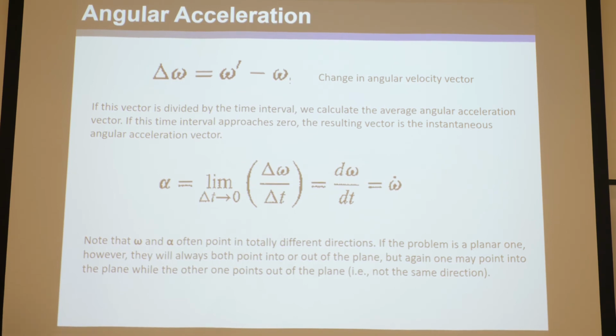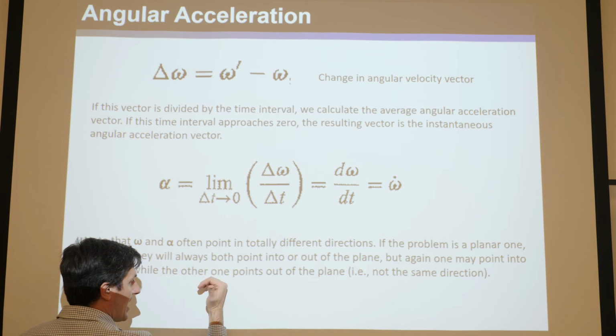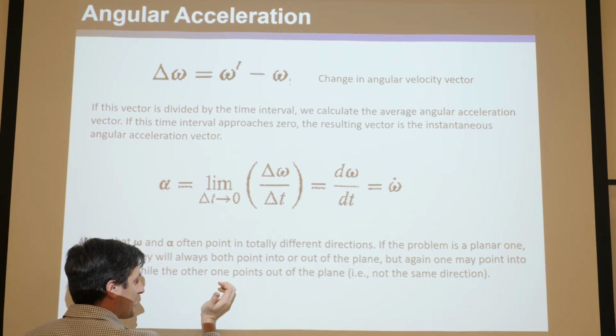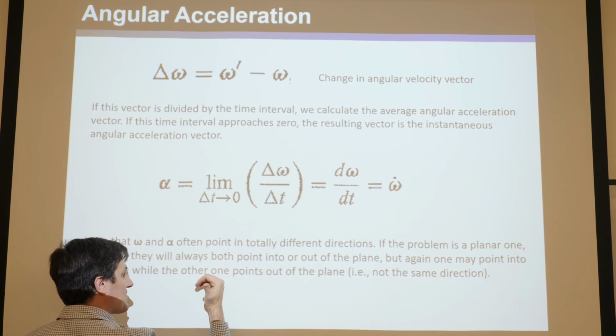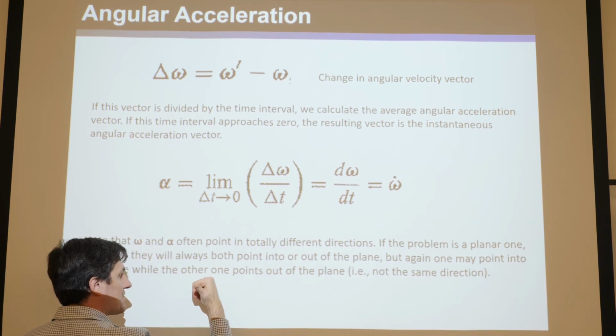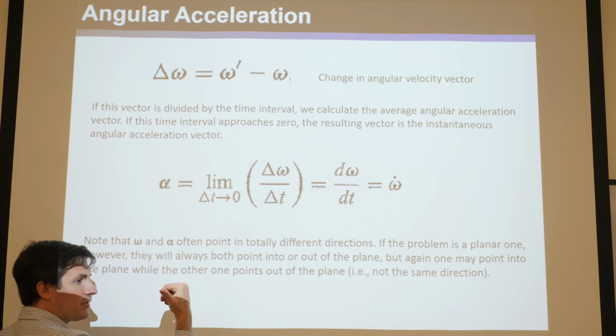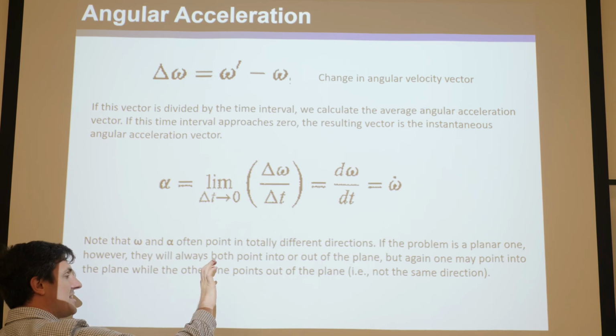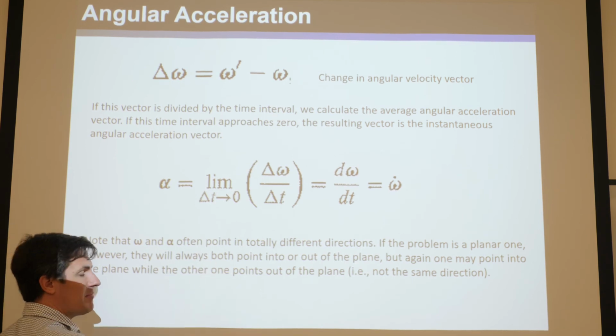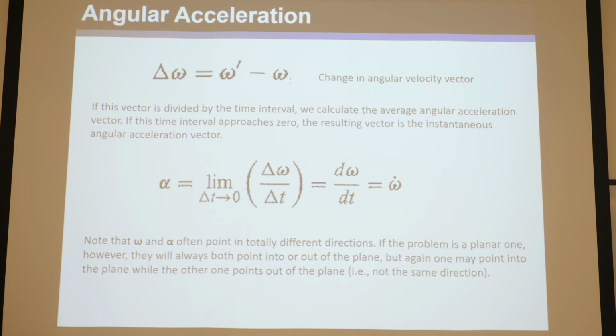For instance, imagine a block that's rotating really fast, and then a delta t later starts slowing down, but it's still rotating the same direction according to the right-hand rule. Well, if you take that initial omega and subtract it from the final omega, you can imagine the acceleration is going to be into the page going this way, and that means it's decelerating. So in that case, yes, both the omegas and the alphas are pointing normal to the page.